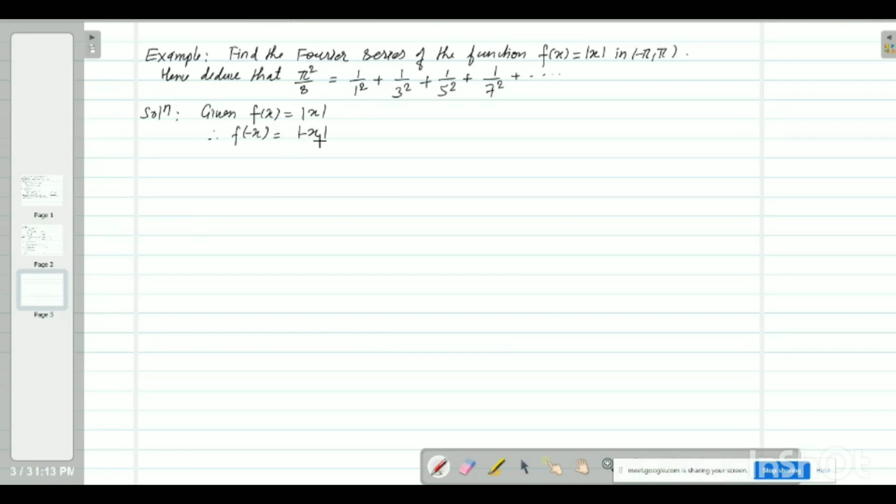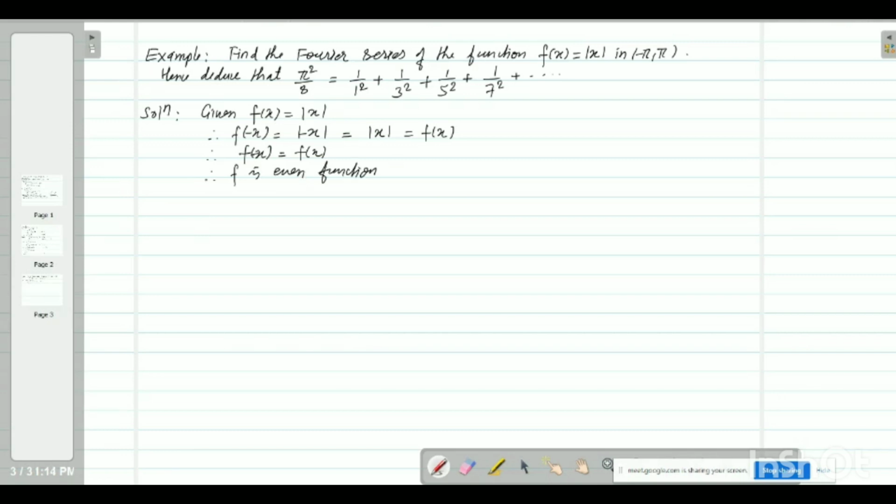Mod of minus x is simply mod x, which is simply f of x. Therefore we can say that f of minus x equal to f of x. Therefore f is an even function.